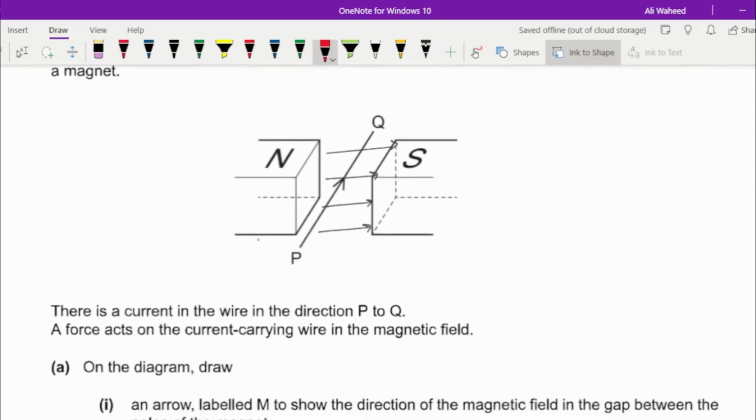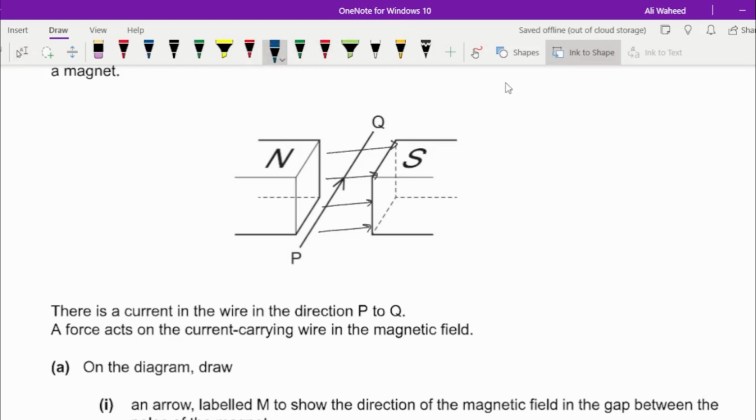This question has to be solved using what we call Fleming's left hand rule, which is used to find the direction of the force on a current carrying conductor placed in a magnetic field.